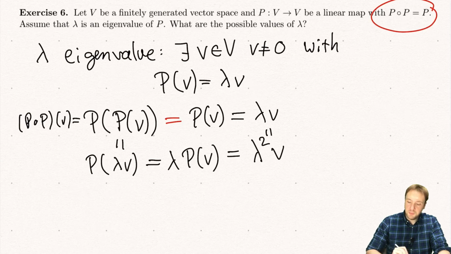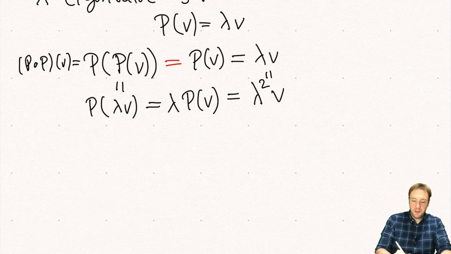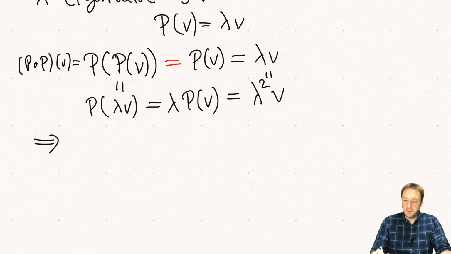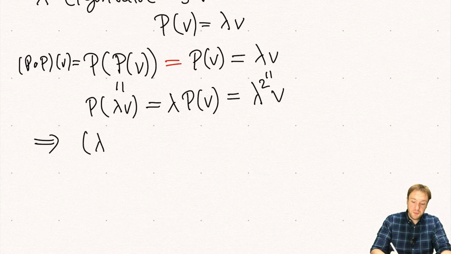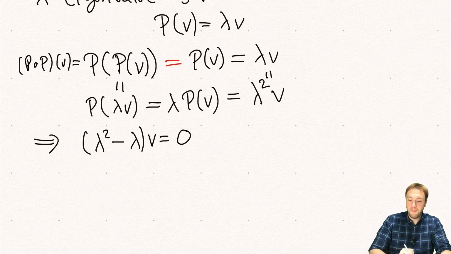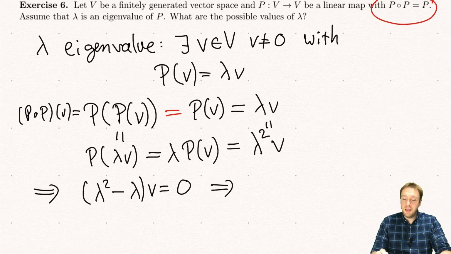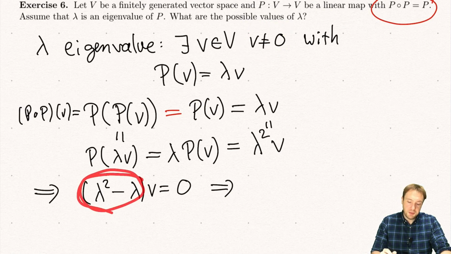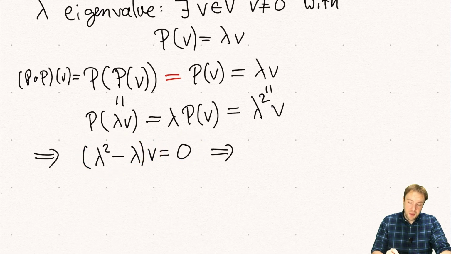So therefore these two are the same. So in other words, lambda squared times v equals lambda times v. So in other words, lambda squared minus lambda times v equals 0. But because v is an eigenvector, meaning it is particularly not the 0 vector, and if we have some number times a non-zero vector which gives us the 0 vector, then this means that this factor needs to be 0.